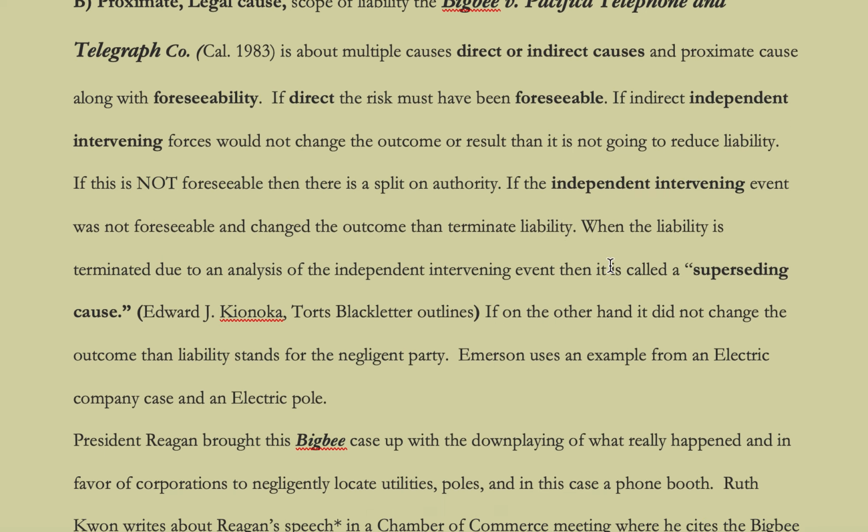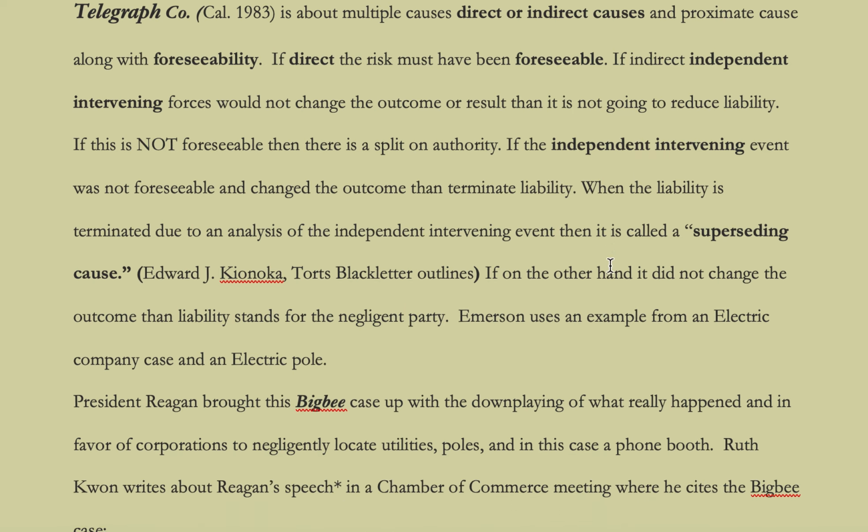So if you have an independent intervening event that's foreseeable, like a drunk driver outside of a pub with a phone booth placed right by the side of the road where there's multiple lanes of traffic, and where the speed is pretty high, and it's around a curve.